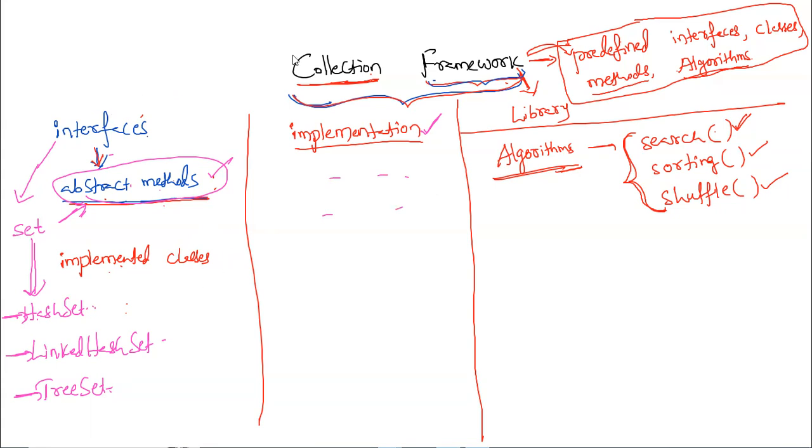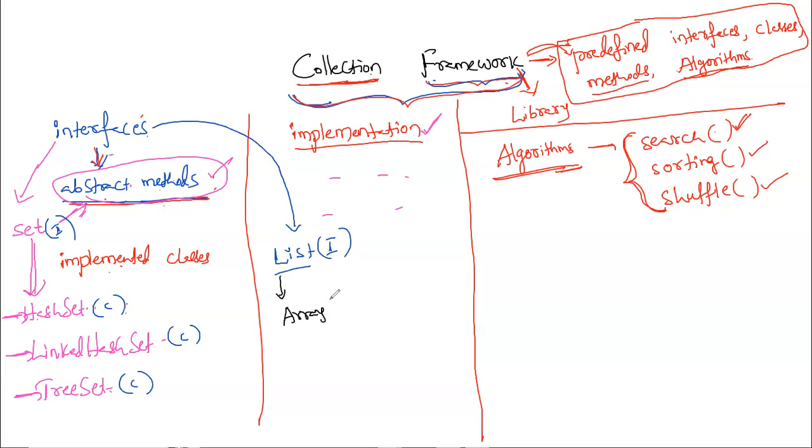Then the second interface, because of no space I'm writing here, is List. For this List interface, what are the implemented classes? Just for our understanding, I'll mention I and C: C is class, I is interface. For the List interface, the implemented classes are ArrayList, which is a class, and also LinkedList, which is a class. These two classes implement the List interface abstract methods.